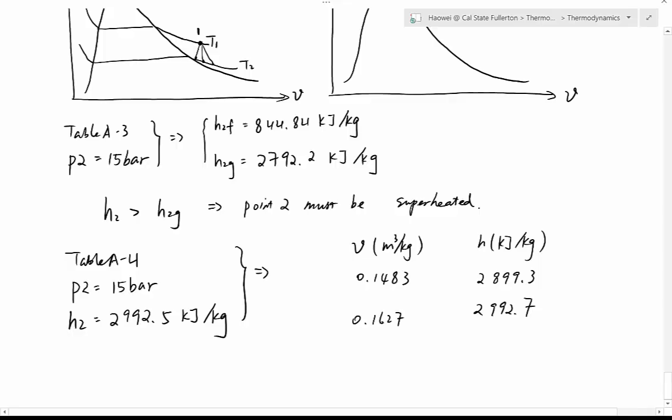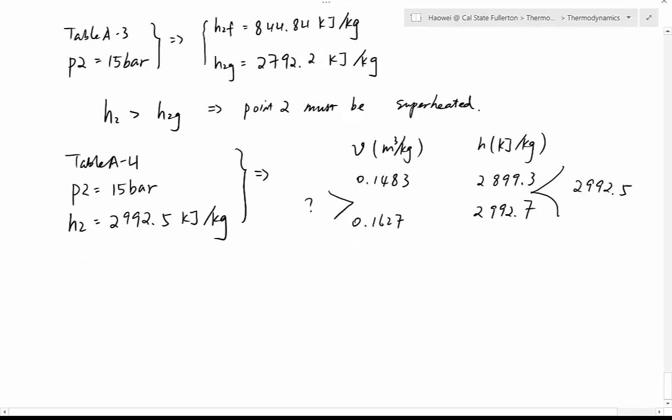We found those four numbers in the table, and the H we have is 2992.5. So what is the corresponding nu by interpolation? We've done interpolation several times now, so the interpolation nu2 is 0.1627 cubic meter per kilogram, SI unit.